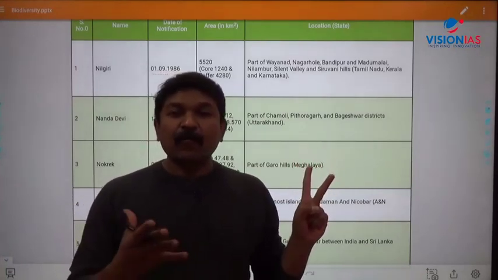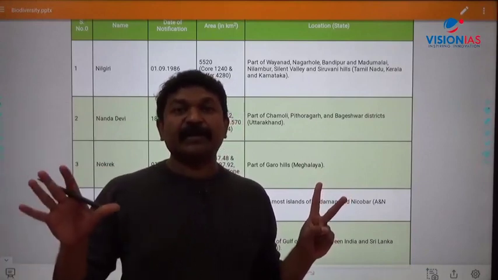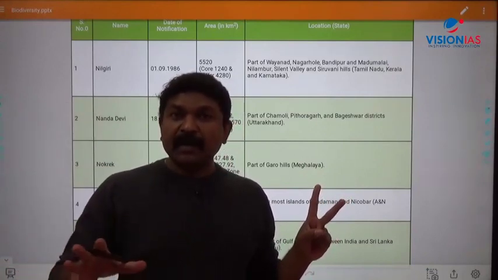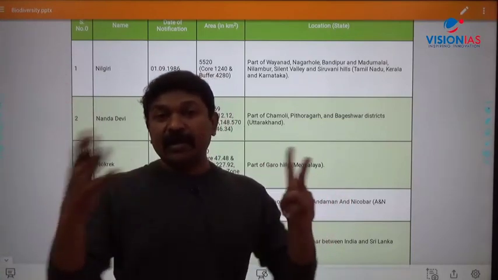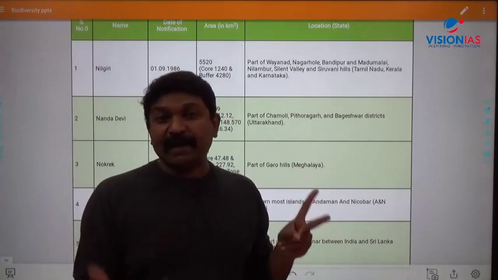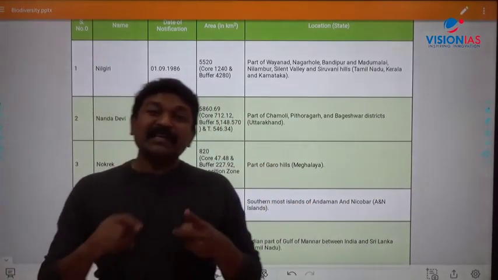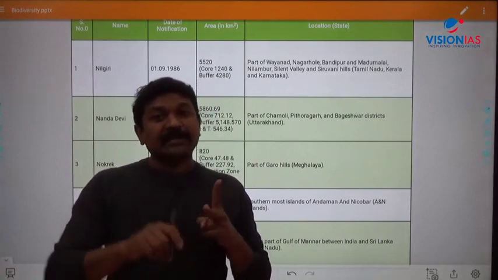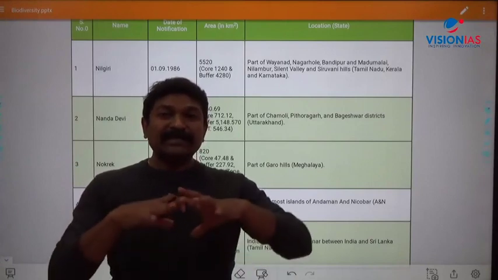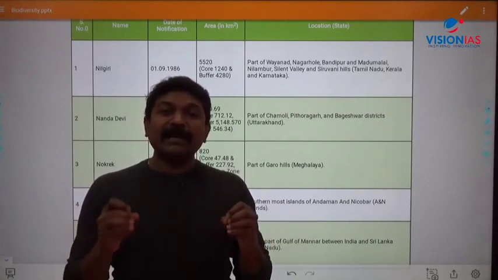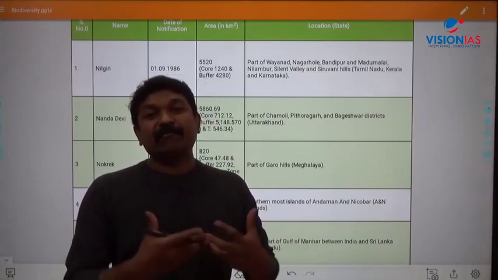Once the government of India announces a protected area as a biosphere reserve, UNESCO, under the United Nations, will again check the criteria, the number of flora, fauna, and all the things, and then announce it as a World Biosphere Reserve.